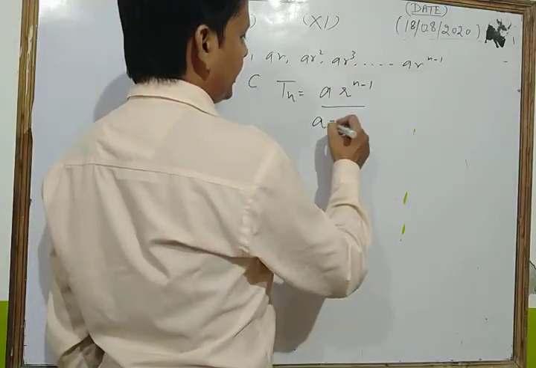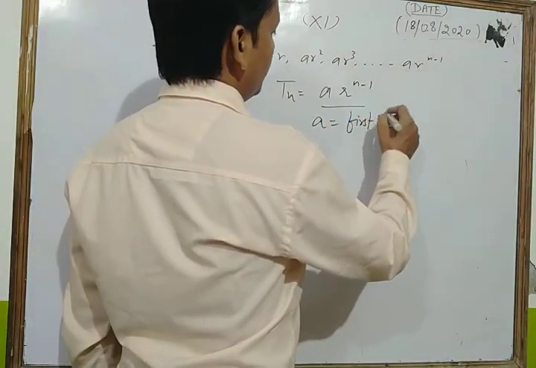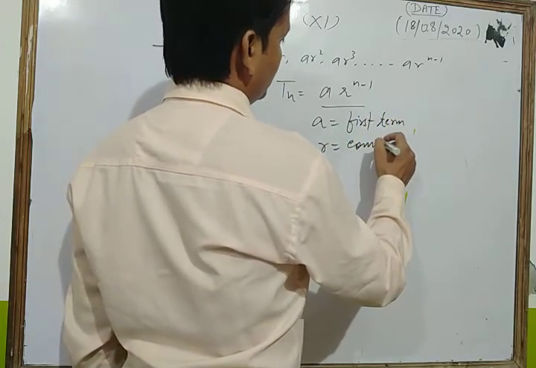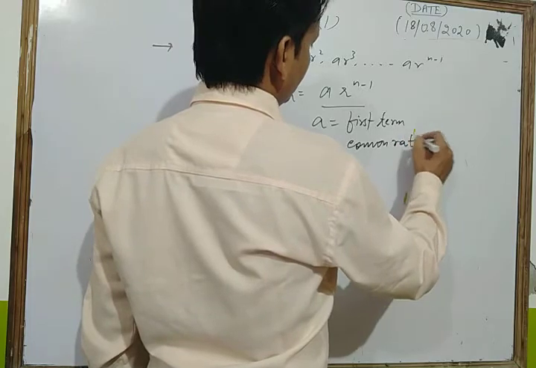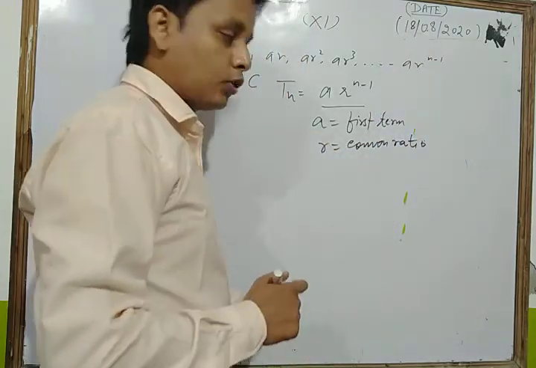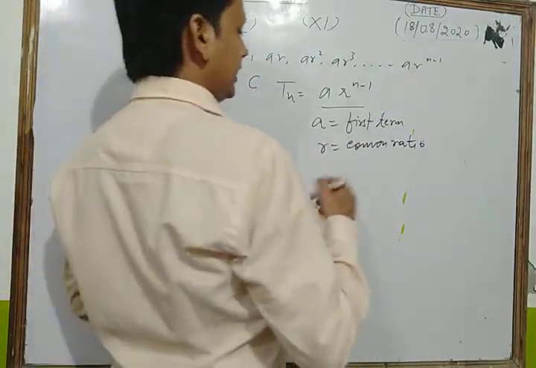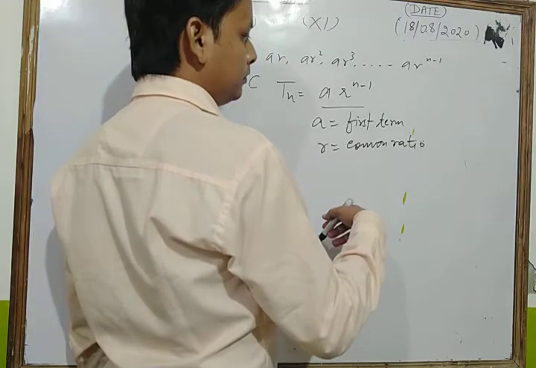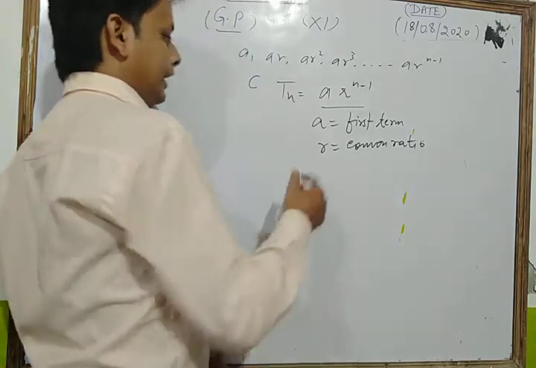Here a is the first term of the GP, and r is the common ratio of the GP. r is found by the ratio of the second term upon the previous term. And n is the number of terms.